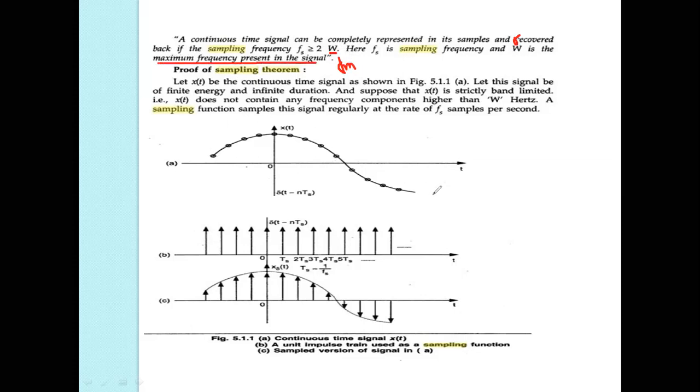Take the x of t signal and sample it with delta of t minus n Ts.